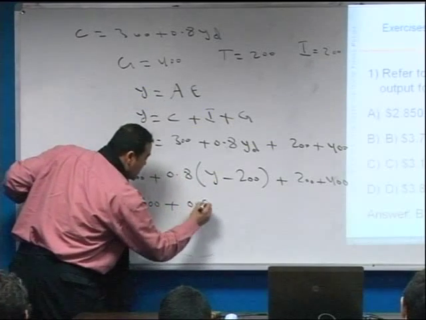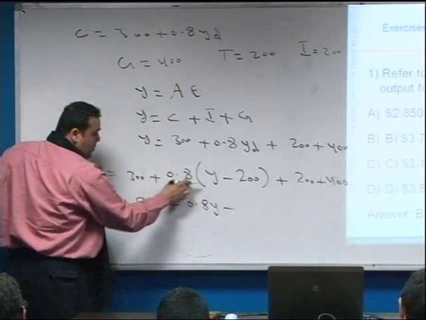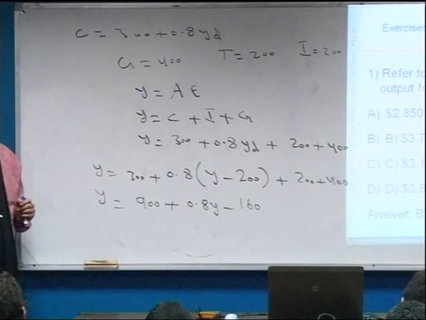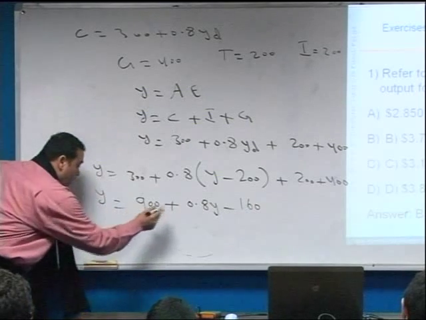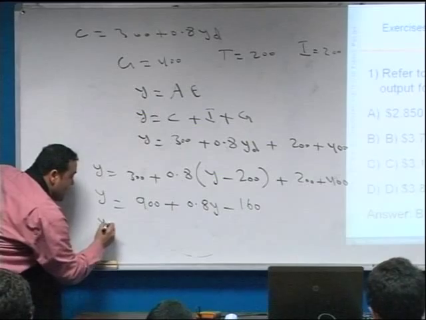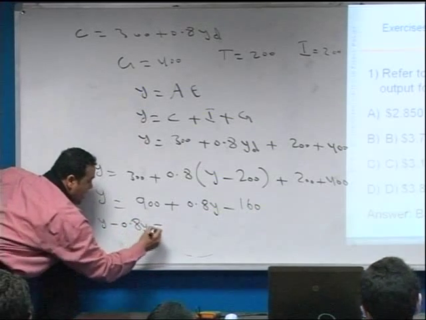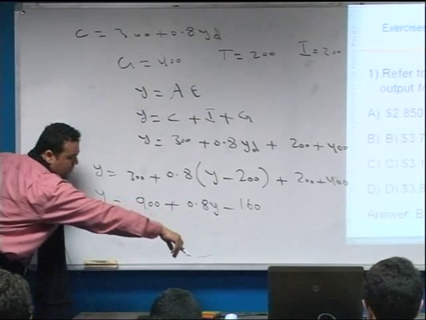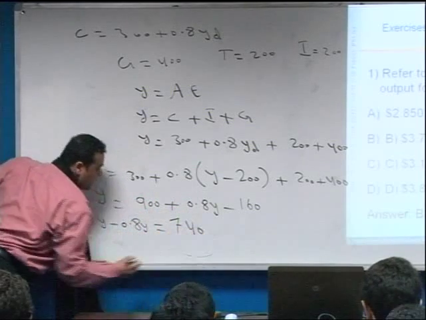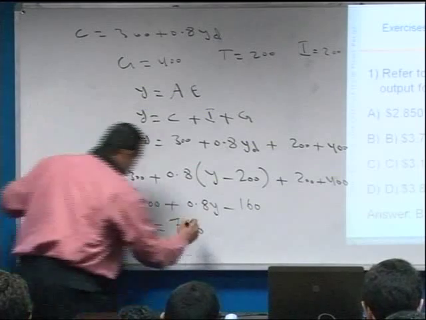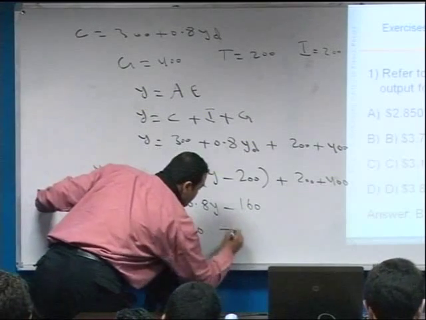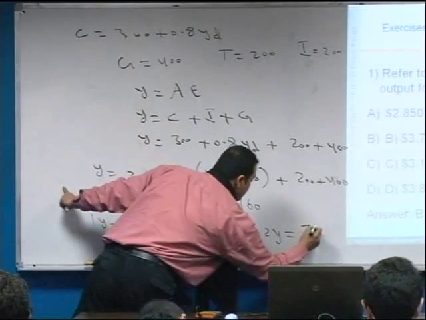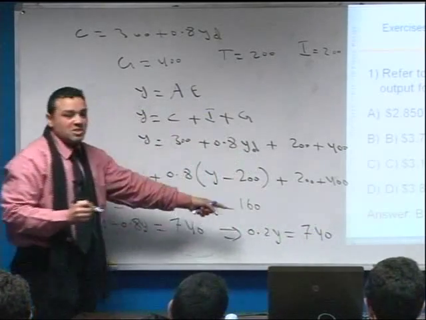So 0.8 Y minus 0.8 times 200, which is 160. So shifting, Y minus 0.8 Y equals 900 minus 160 equals 740. So 0.2 Y equals 740.